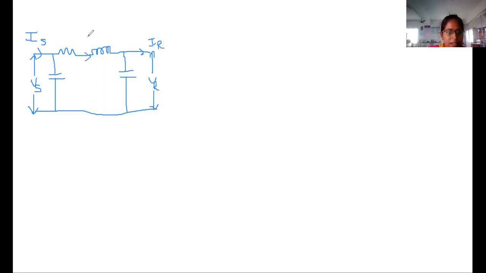In the middle of the line, the flowing current is IL. Here the flowing current is IC1, and here the current is IC2. This is the capacitance C1, and its value is C by 2, and this is the capacitance C2, also C by 2. This is the representation diagram for the nominal pi method.